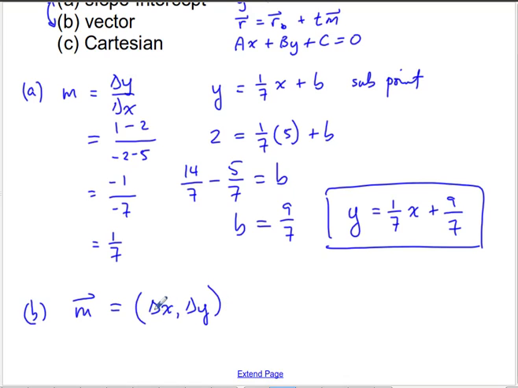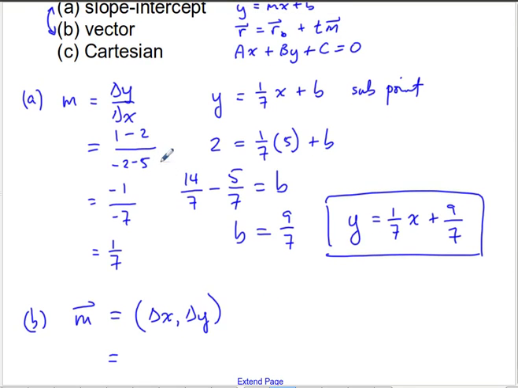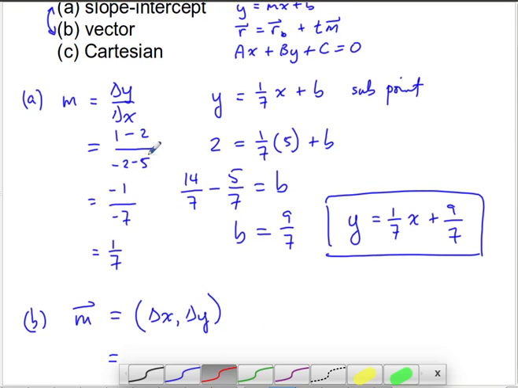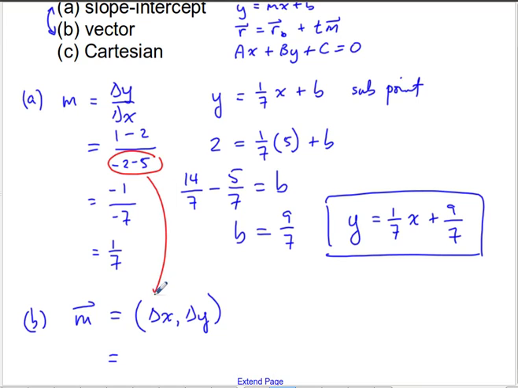In the same way that we would write components x, y, this is delta x, delta y. And so in this case, I've actually got my delta x written here, and up here is my delta y, or you could just read it straight from your slope if you wanted to, because this is delta y over delta x.